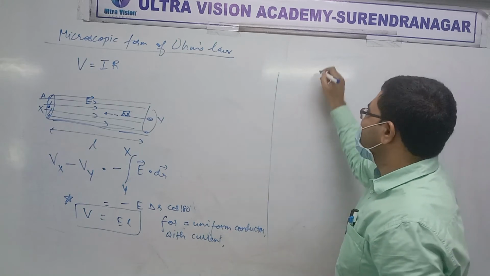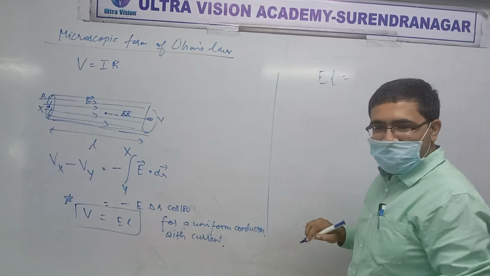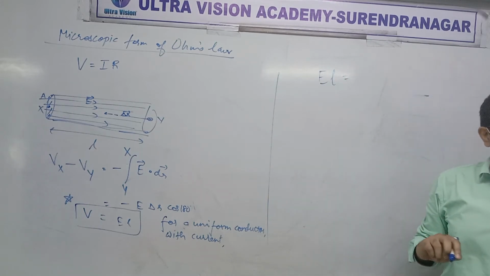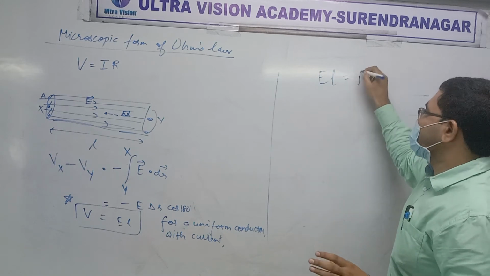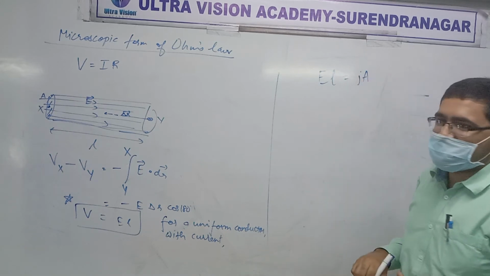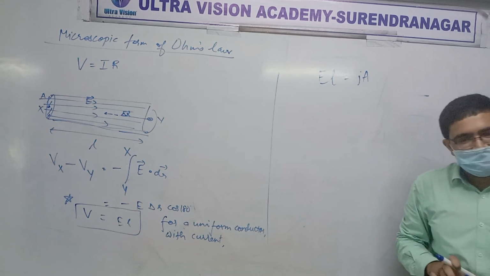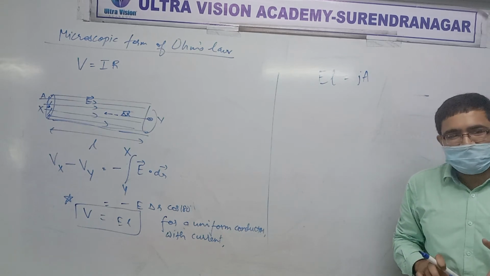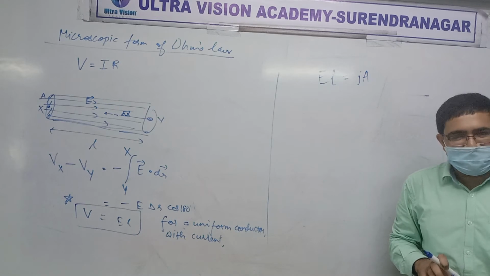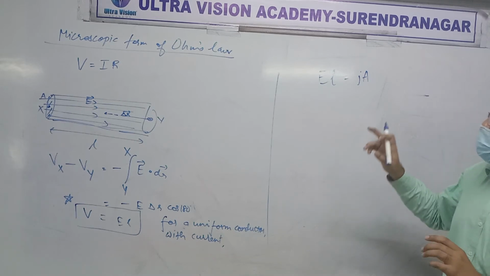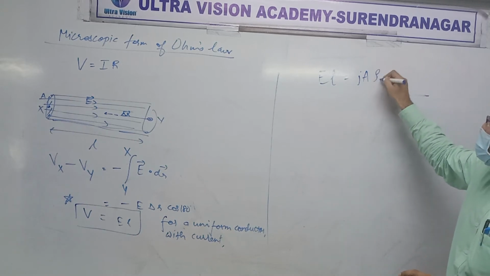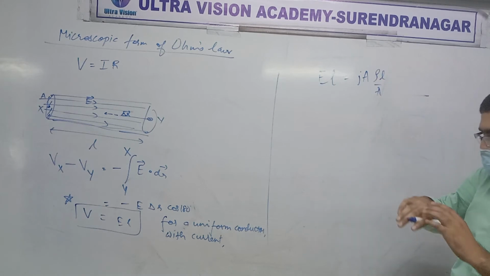So let's put V equal to EL. Current: let I be J into A, the simple case. J equals I by A, so I equals J into A. And instead of resistance, let me write rho L by A. Is anything cancelled?